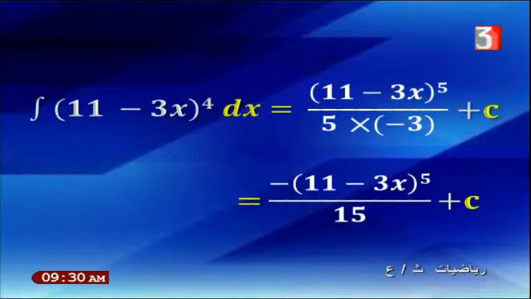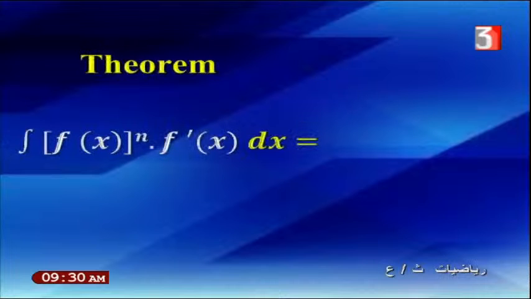Dear students, now we have theorem 3. The integration of the bracket f(x) to the power n times f dash x dx. The expression between the two brackets is not first degree; it is any function, not a polynomial of first degree.